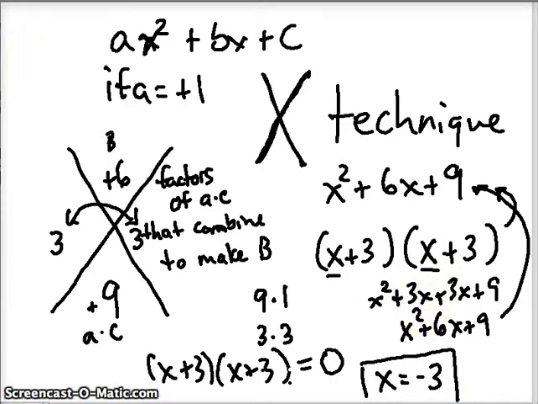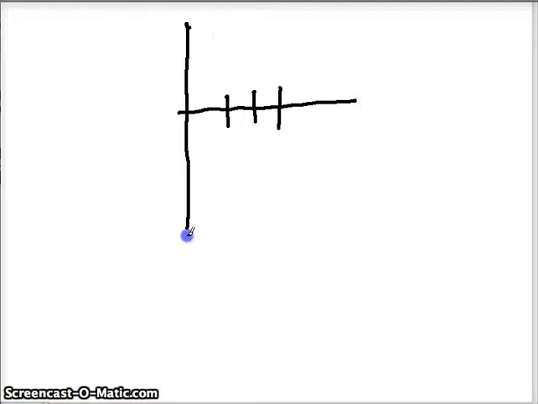Here, I'll draw a little picture. Let's look at it graph-wise, right? So at 1, 2, 3, here's our x-axis. Here's our y. So at x equal negative 3, that is where the vertex of our parabola that opened up, because a was positive, touches the x-axis.